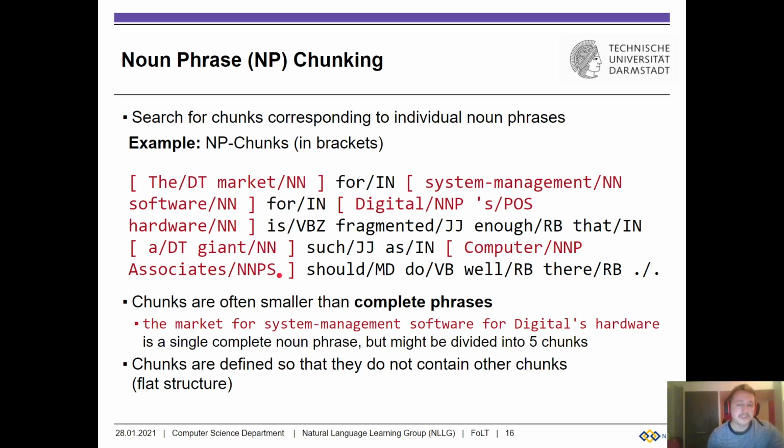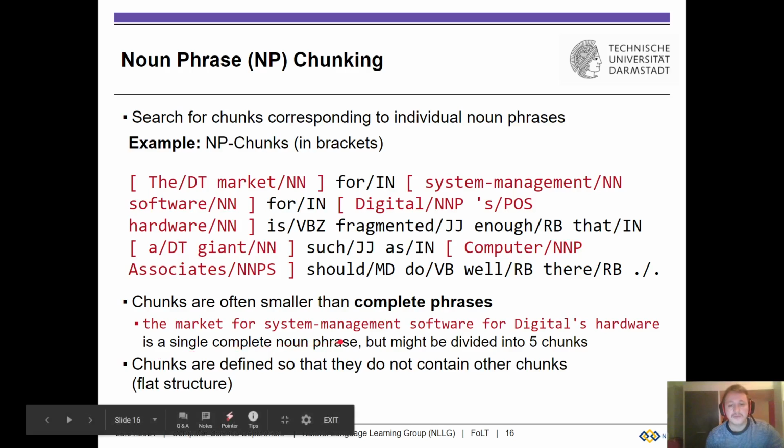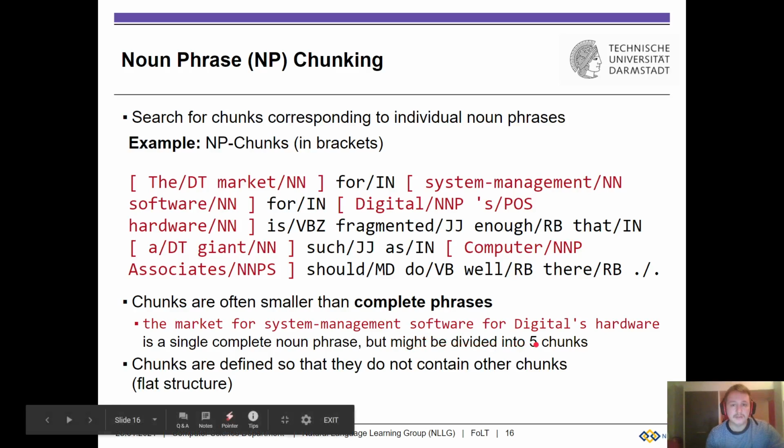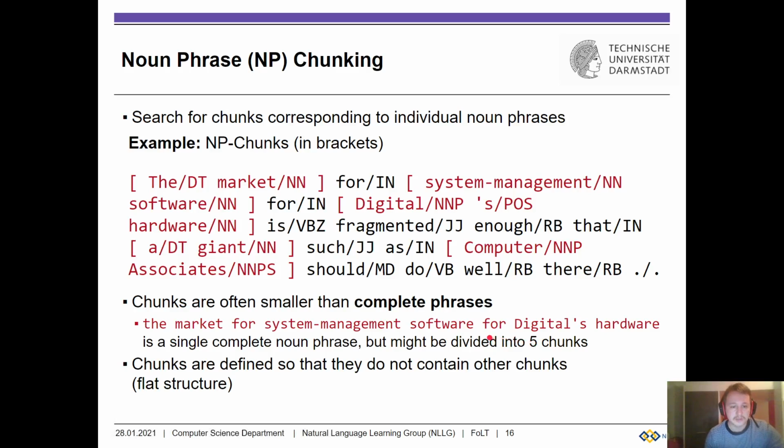What we see from this is that chunks are often smaller than complete phrases. For example, "the market for system management software for Digital's hardware" is a single complete noun phrase. That would be classified as a noun phrase in a syntax tree, for example. But here it is divided into four or five different chunks.